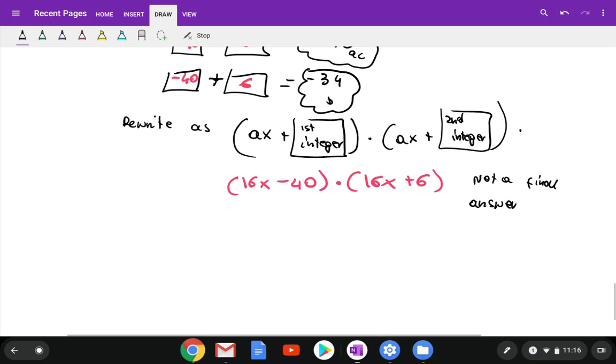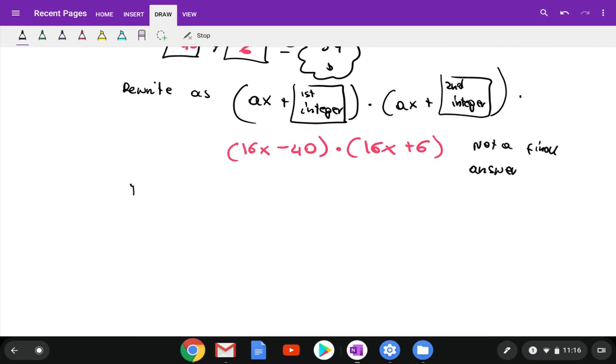Okay, next what you're going to do, factor the GCF from each parenthesis, from each group. So let's take care of the first parenthesis, which is 16x minus 40.